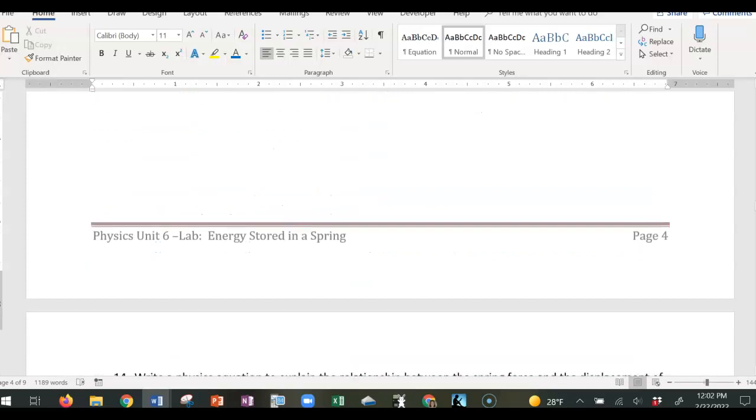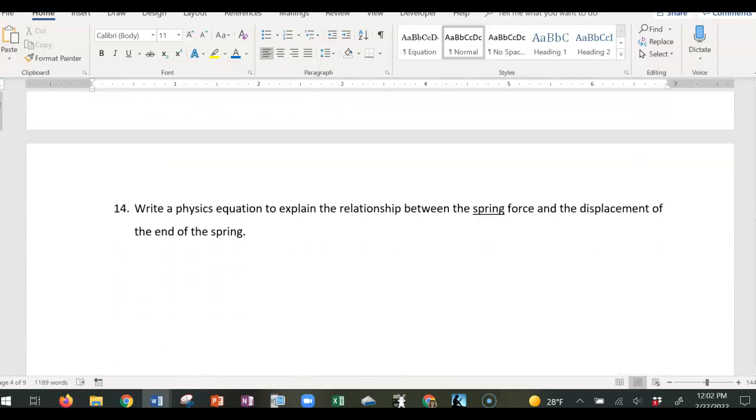Okay. So then, can we write a physics equation to describe the relationship between the spring, I'm trying to select a highlighter and that's not working. Let's see here. Between the spring force and the displacement of the end of the spring. So I want an equation that has spring force instead of applied force.